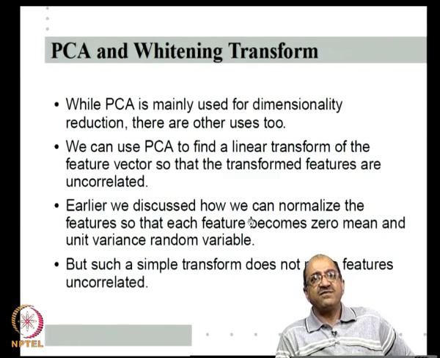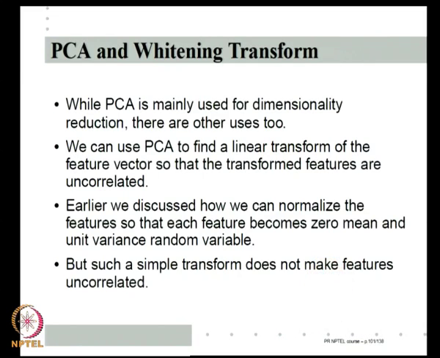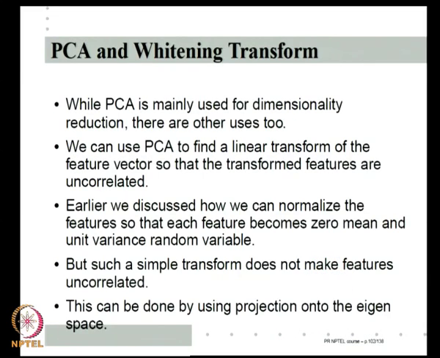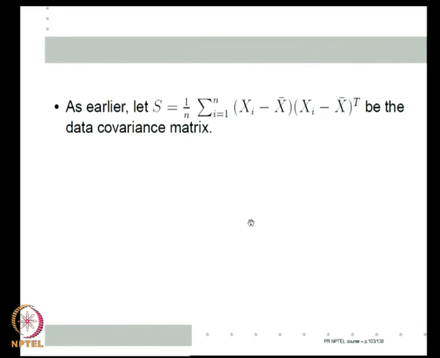But that does not mean that the features themselves are uncorrelated, because they are still correlated with each other. Using PCA, we can actually transform the feature vector so that the components become uncorrelated, which could be quite useful in pattern recognition.